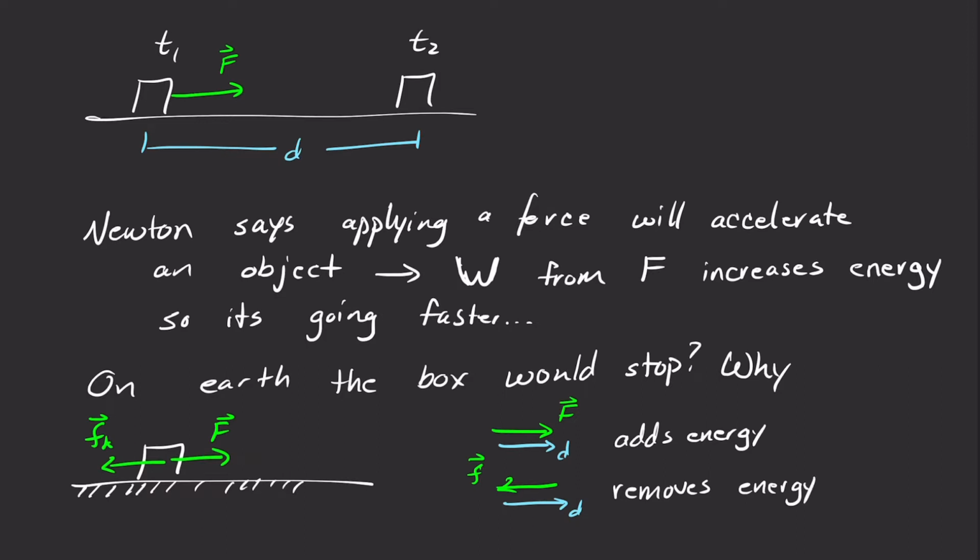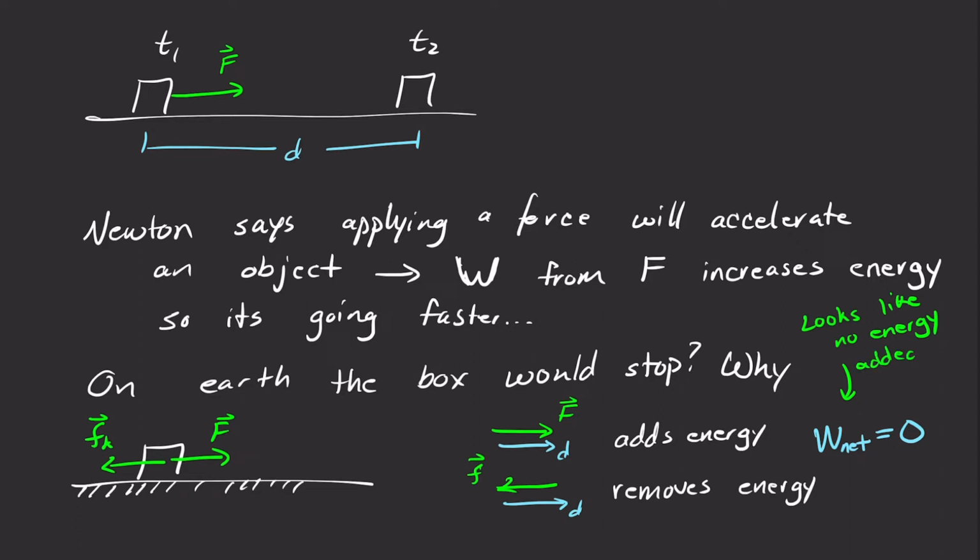Okay, and so even though it's moved through this displacement and it stops, it's not moving, its energy hasn't been increased. So this tells us that the net work or the total work is going to be zero. Okay, and so this looks like no energy has been added.